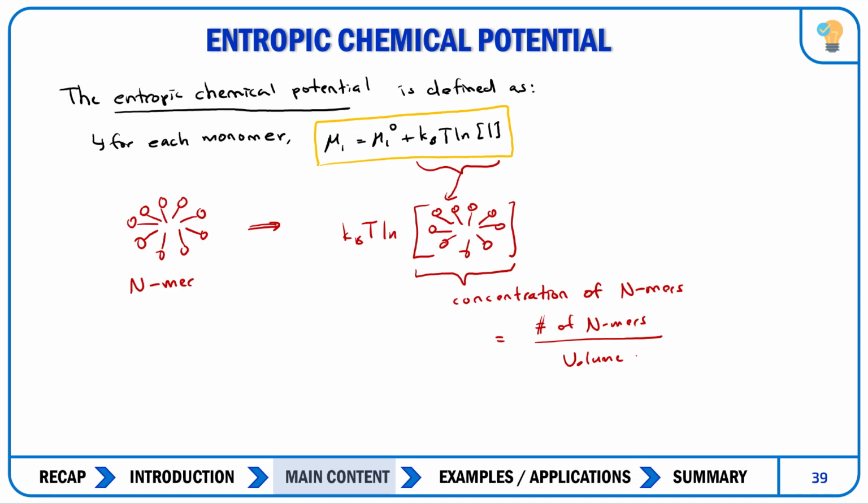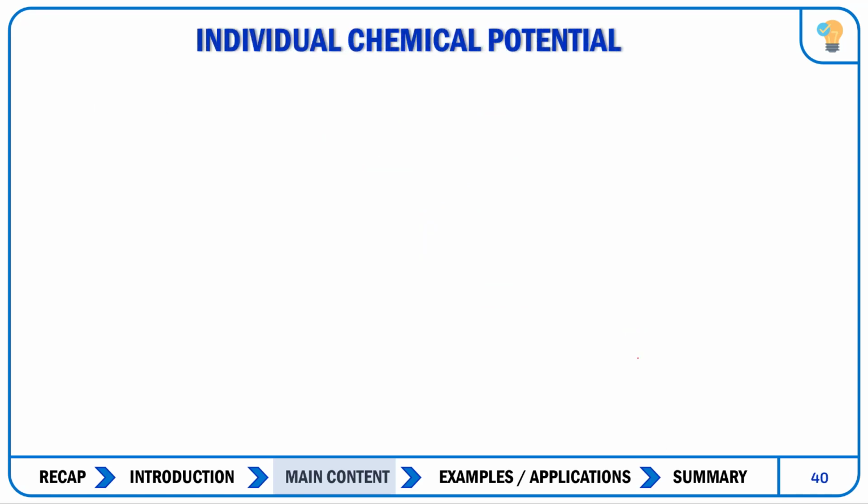So what else can we look at here? I'm going to go to the next page and basically present another ratio. If we divide the concentration of n-mers by N, we get something that's called the concentration of amphiphiles in an n-mer state.